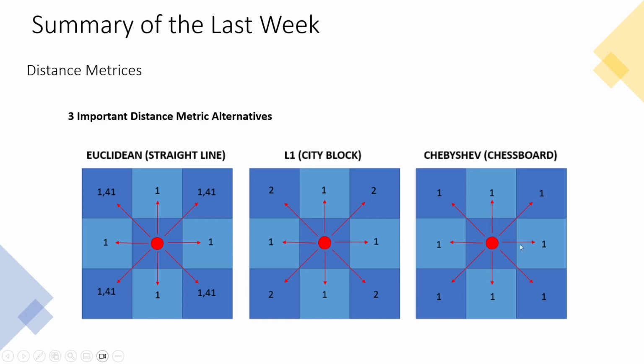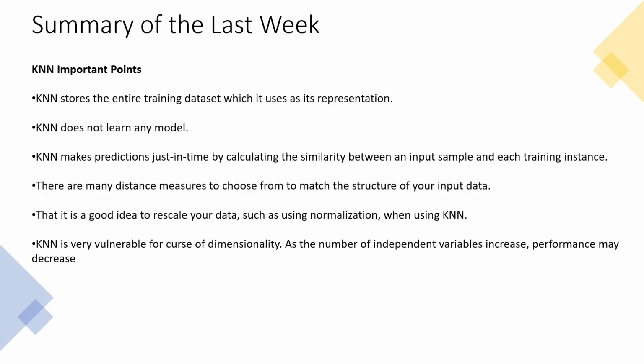But in Chebyshev distance, since this is moving like the queen or the king in a chess game, all 8 neighborhood distances are 1. That's an important concept. And we have seen some stuff about KNN. We have seen that it's a lazy learner.